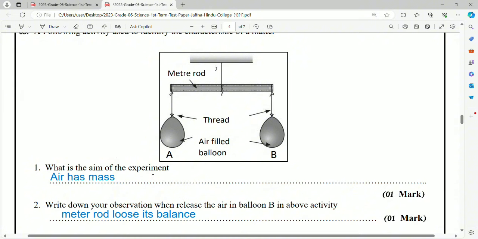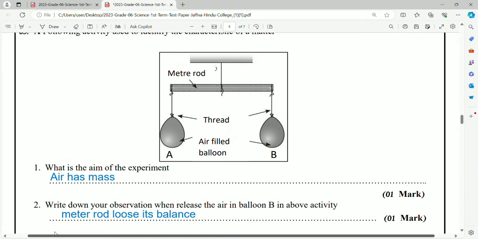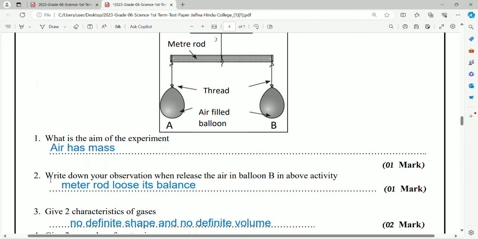Then the following activity is used to identify a characteristic of matter. What is the aim of this experiment? To identify whether air has mass or not. Write down your observation when air is released from balloon B. Balloon A and balloon B are filled with air.